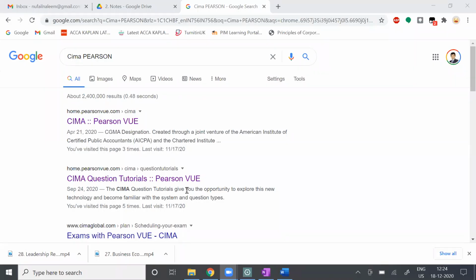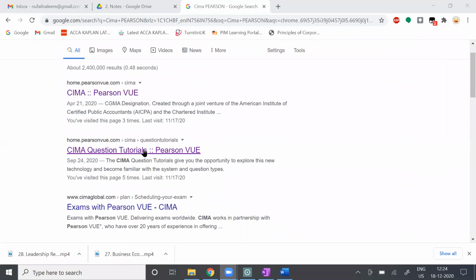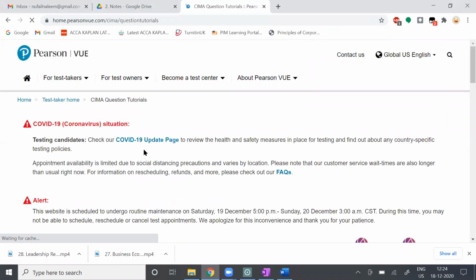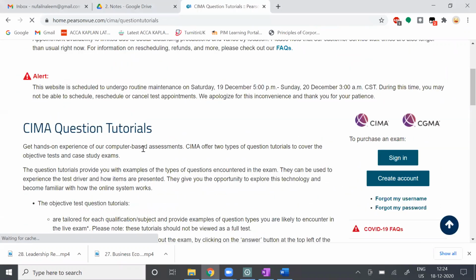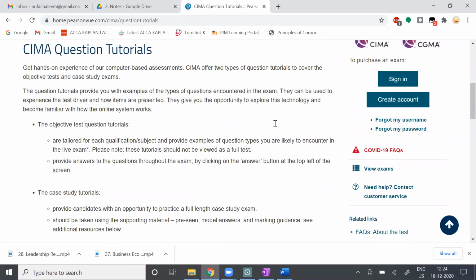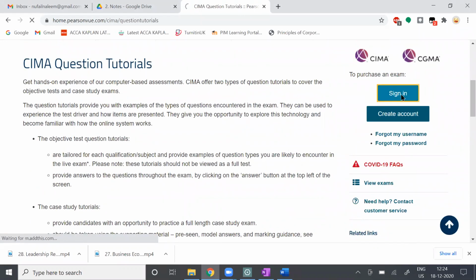Then you will see the Sima question tutorial. In the tutorial, you need to sign in. It's a new account, but no need to pay money for this.